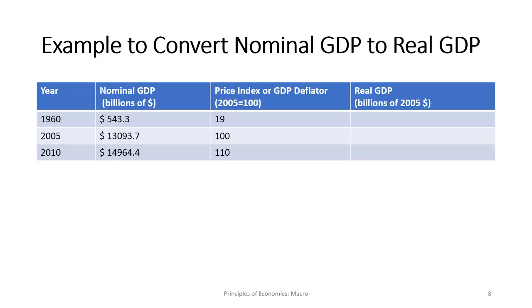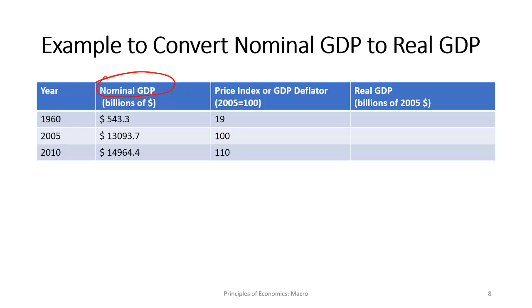So let's look at the nominal GDP in billions of dollars for the years 1960, 2005 and 2010. In 1960, GDP was 543.3 billion, and mind you, this is a nominal GDP. This is not adjusted for inflation. And the price index or GDP deflator in 1960 at 2005 prices was 19. In 2005, nominal GDP was 13,993.7 billion dollars, and the price index was 100.